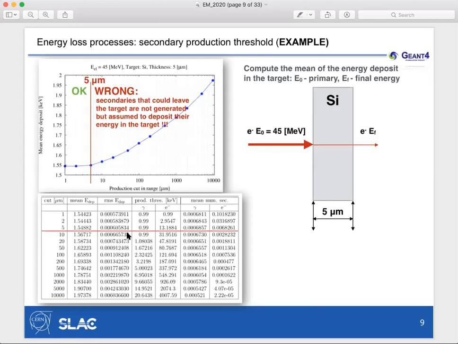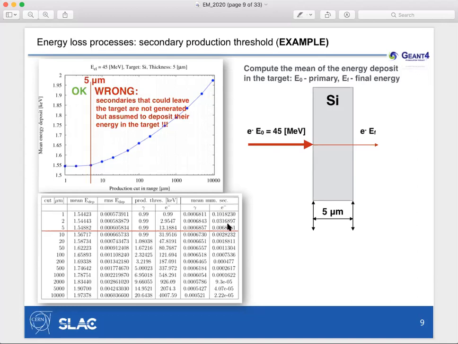So I hope that this shows very well how important it is to set a proper value of the secondary electron production threshold based on the spatial resolution of your detector volume. And why it is giving you a performance increase, or actually computing time benefits, you can see in the last column, because for 1 micron the secondary electron production threshold is below 1 kilo electron volt, 2 micron is nearly 3 kilo electron volt, and 5 micron is 13 kilo electron volt.